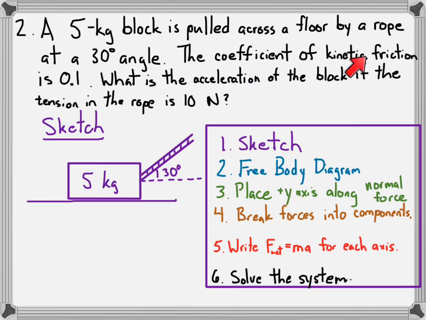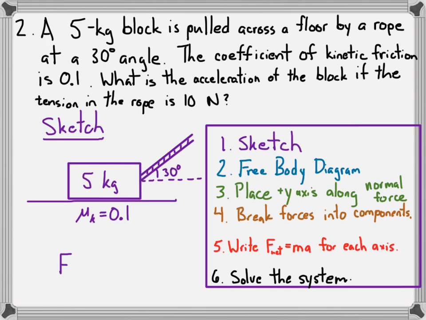The coefficient of kinetic friction is 0.1, which immediately tells me that kinetic friction is important in this problem. So I'm going to write down that coefficient of kinetic friction right underneath the floor there. And I also think it'd be a good idea to remind myself where this coefficient of kinetic friction comes from.